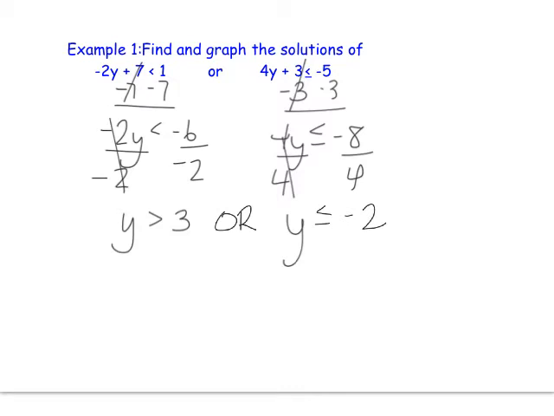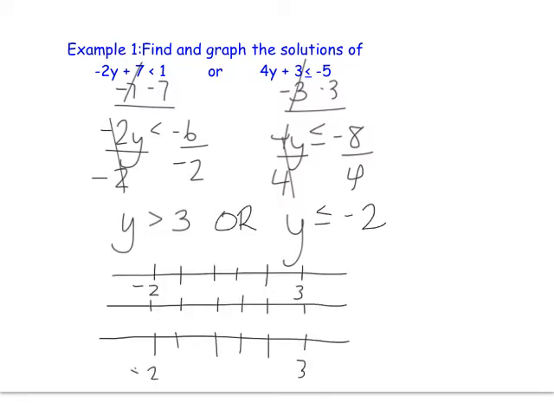So we're going to have to take a look at our overall solution set. Let's make some number lines. So here are 3 number lines. I'll do each of these solutions on one of the number lines, and then on the third number line we'll do the overall solution. So in red, let's graph the first one. y is greater than 3. We're going to get an open point at 3, and we're going to shade everything that's greater than 3, including the arrow.